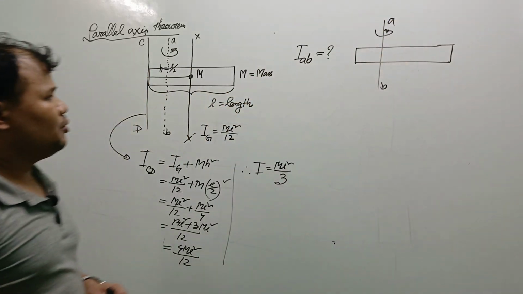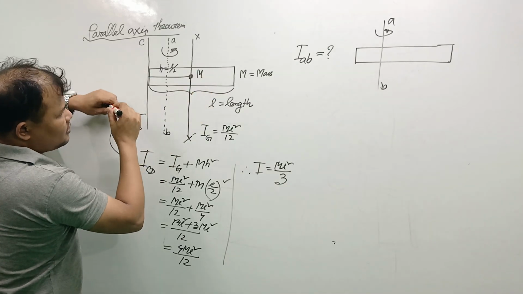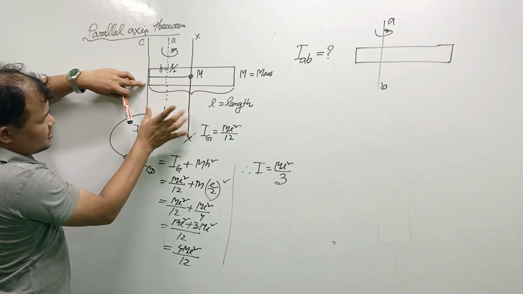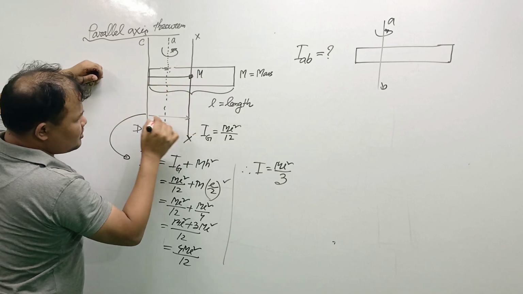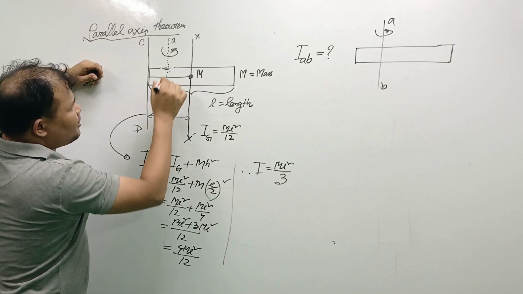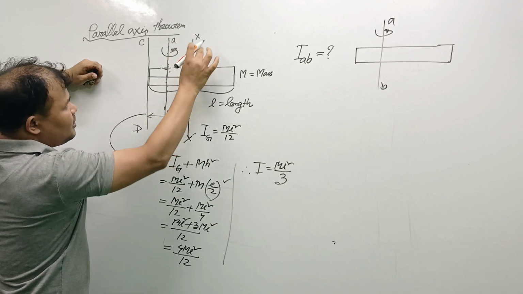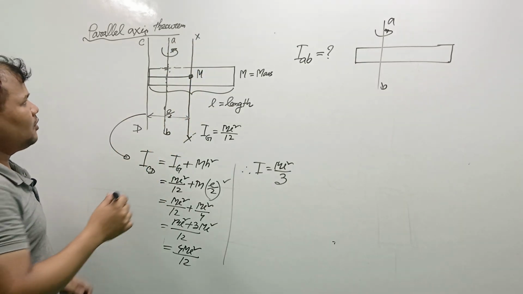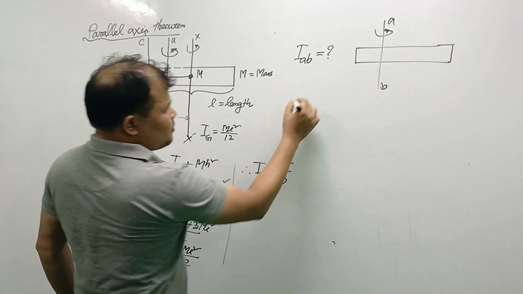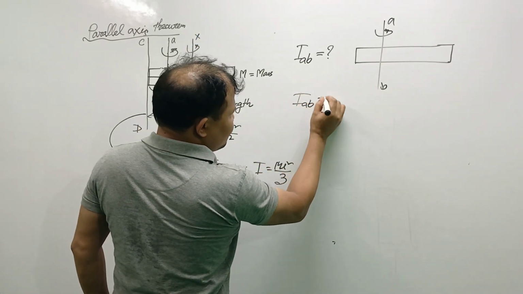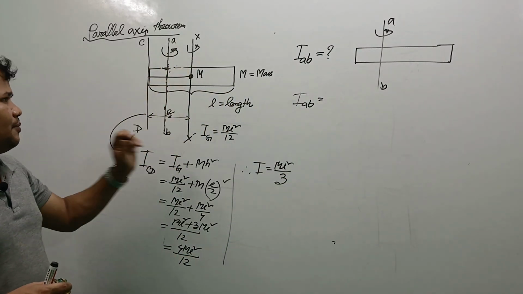Try to understand. If the total length is L, this part is L divided by 2 and this part is L divided by 2. Now if we apply the parallel axis theorem, already we learned the moment of inertia for the x prime axis, or Iz. So we write IAB. Our duty is to find the moment of inertia with respect to AB.